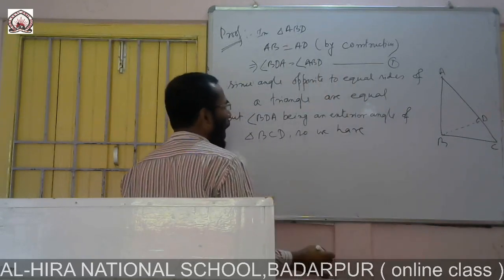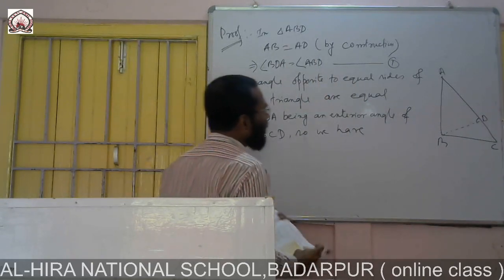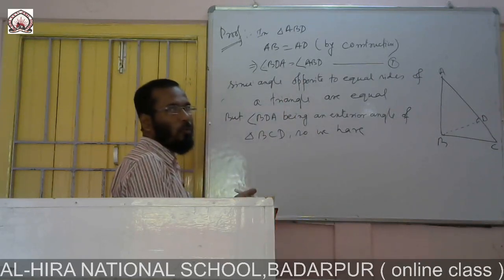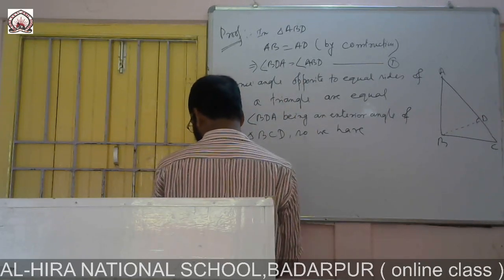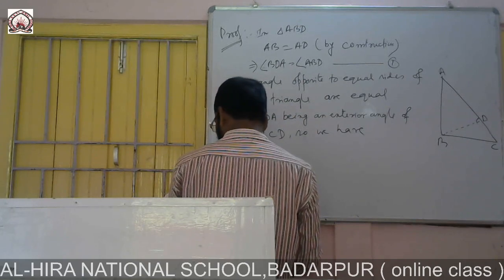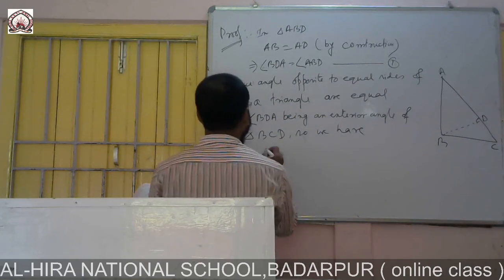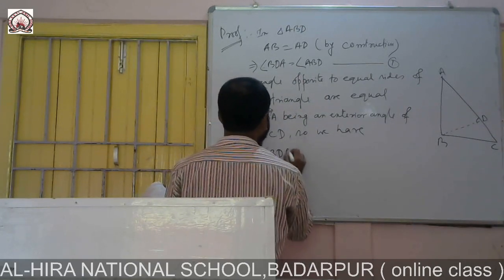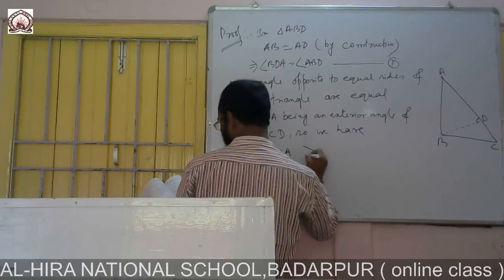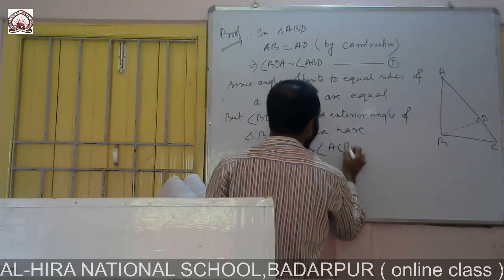So earlier class we discussed that the exterior angle of a triangle is the sum of two opposite interior angles, and by this property we can say angle BDA is greater than angle ACB.